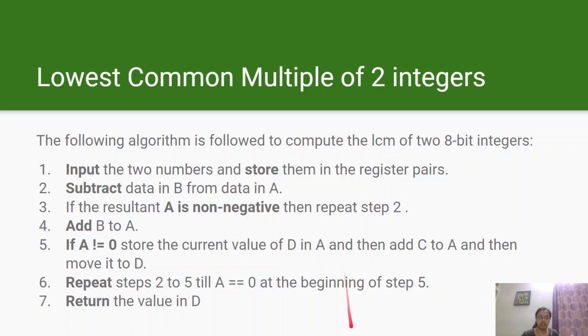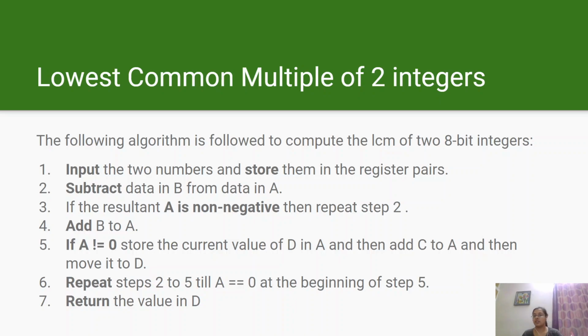So basically over here, we are storing the original value of A in D and in C. And if A is not equal to 0, which is basically if A modulo B is not equal to 0, then we would add these two values and we'll have 2A. And after having 2A, we'll repeat these steps again. That will subtract B from 2A again and again and get 2A modulus B. And if that is not equal to 0, then we'll do it for 3A.